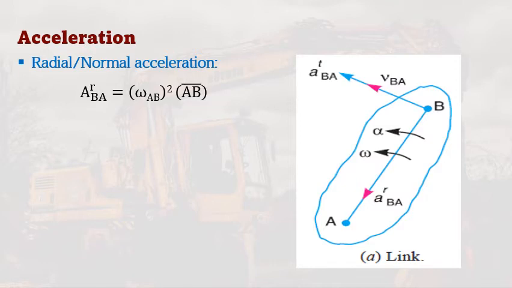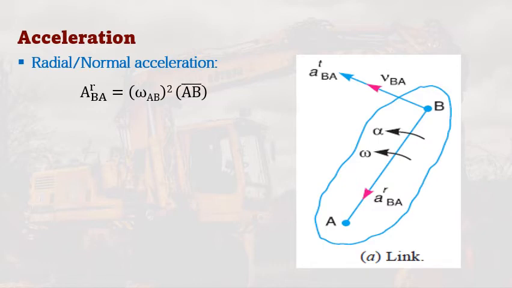As you can see, the radial component of the acceleration of B is parallel to the link AB, and its direction is towards the center of rotation. This is the arrowhead, which means that the radial component of point B is towards point A.